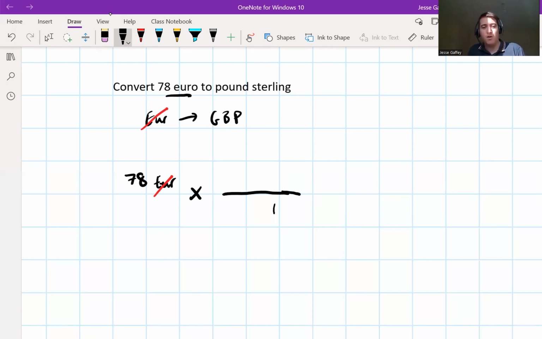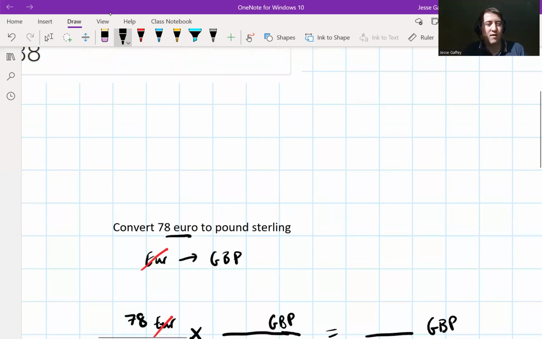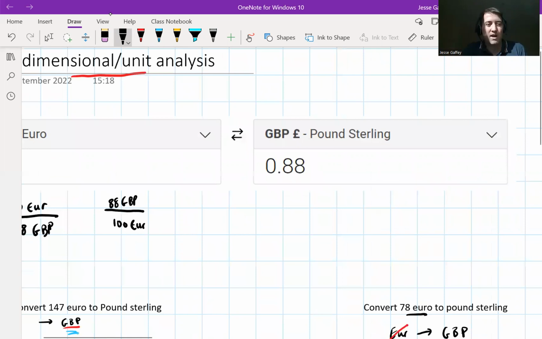And we should be thinking we've got to put euro on the bottom so that euros over euros cancels out. And that leaves us with GBPs on the top, GBPs. Okay, you guys should be able to finish this out now and get an answer, of course, in GBP. Pause the video and figure this out. Oh, if you had forgotten or you couldn't see the relationship, there it is up there.